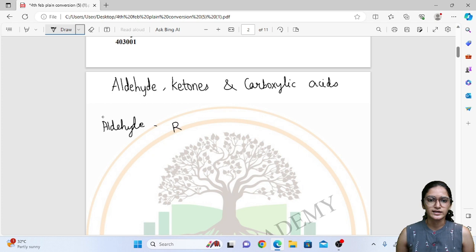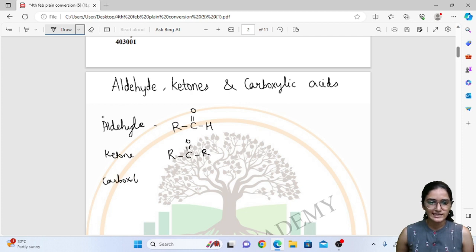So if I consider aldehyde, the formula is R-C double bond O-H. This is the basic general formula of aldehyde. Then if we consider ketone, ketone has R-C double bond O-R. Then next is carboxylic acid.